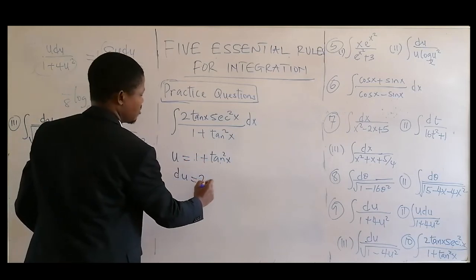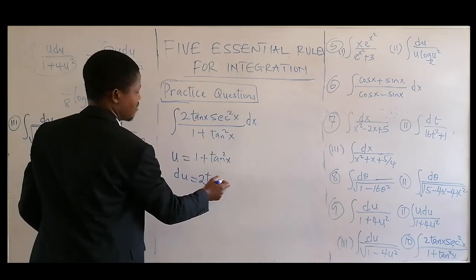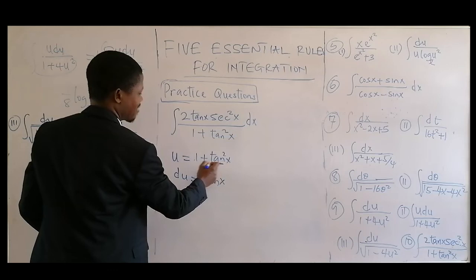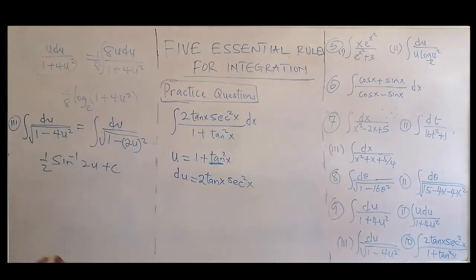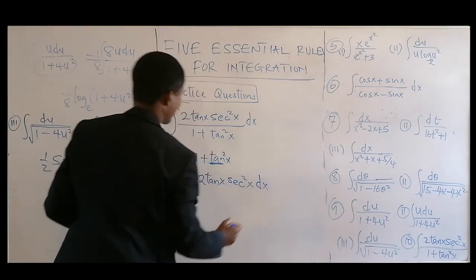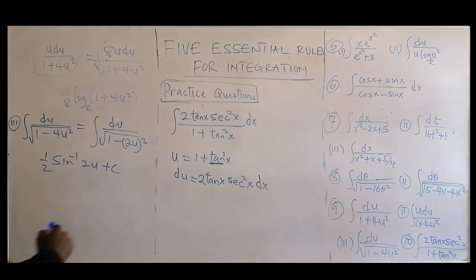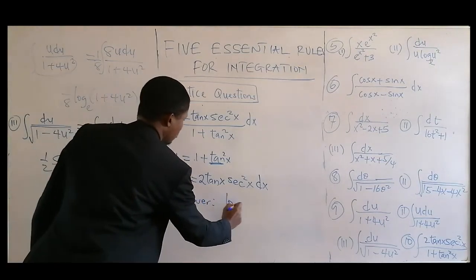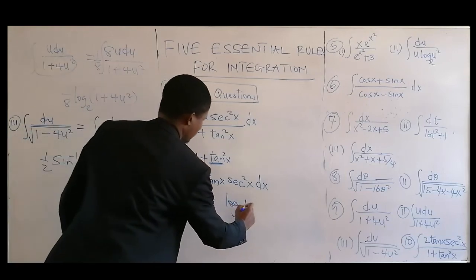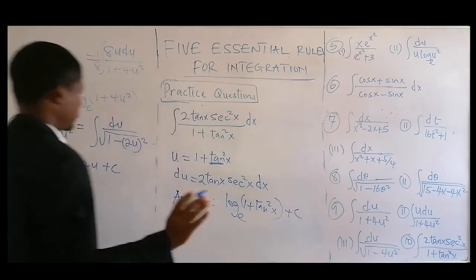The derivative of tan squared x will be 2 tan to the power 2 minus 1 of the function, then the derivative of tan itself, which is sec squared x. So you can see it's straight away the same, so we don't need to waste time. The numerator is equal to the derivative of the denominator, so our answer will be log to base e of the denominator, 1 plus tan squared x, plus c.